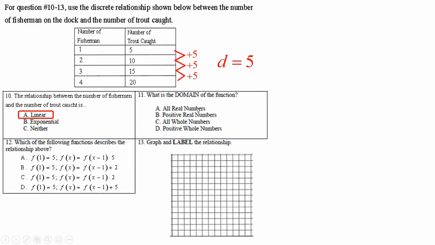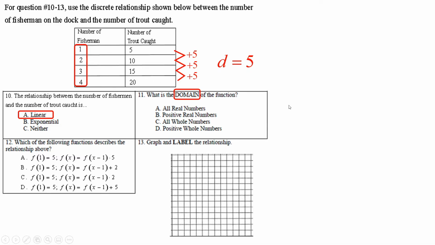What is the domain of the function? Oh man, and they have these sets of numbers. Now this was in your ready, set, go. If you guys have been doing your ready, set, go carefully, you might see the answer right now. If not, I would write the domain the way we usually do. For this discrete relationship, the domain would just be my set of inputs.